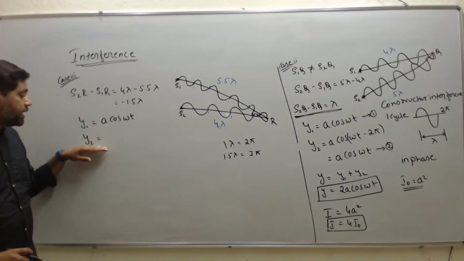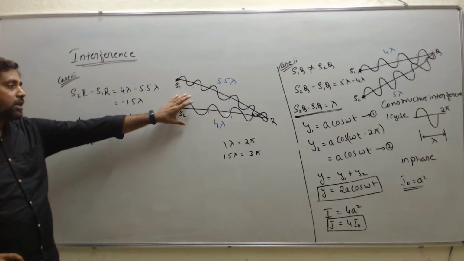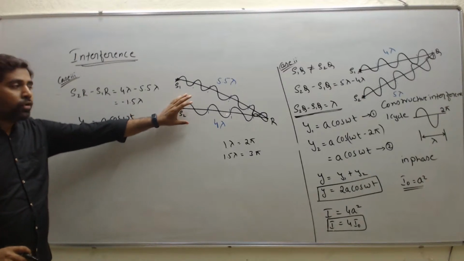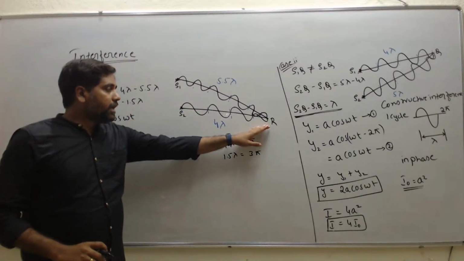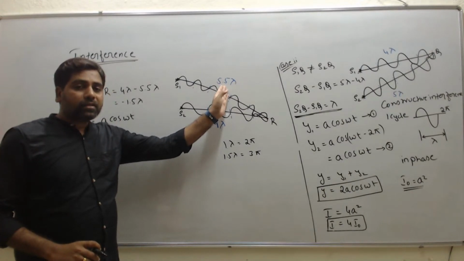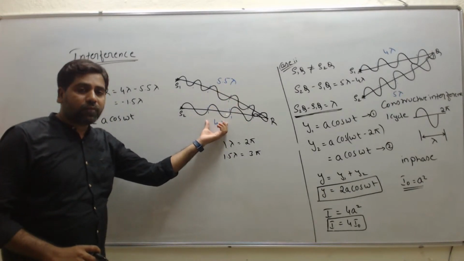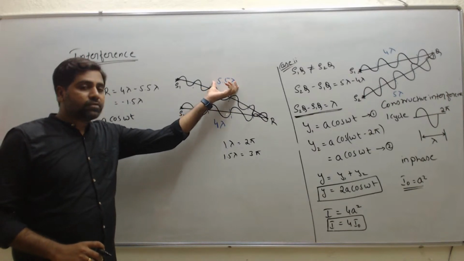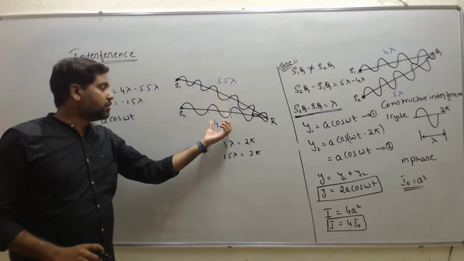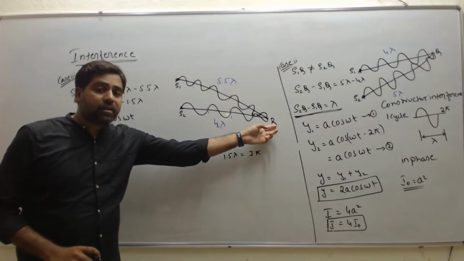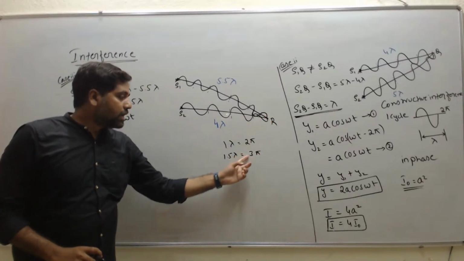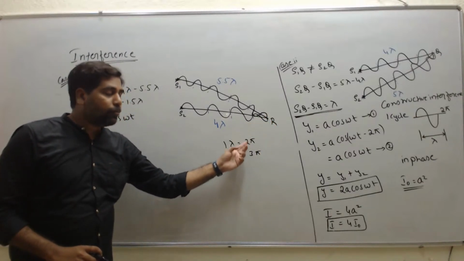Here we are writing for the source S2, which reaches earlier than the source S1. It travels only 4 cycles, while S1 travels 5.5 cycles, so S2 reaches earlier. How much earlier? That is 3 pi.